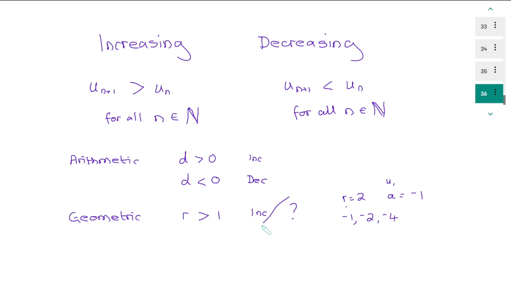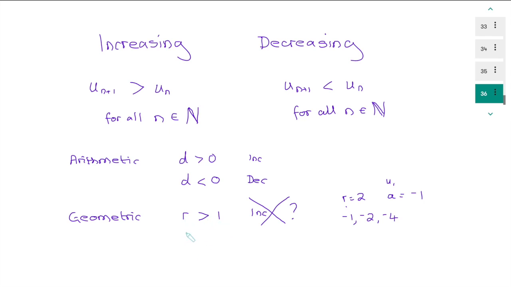No, we don't. So actually, for geometric sequences, we could write down some rules, because we could say, well, if r is greater than 1 and a is positive, we're going to have an increasing sequence. If r is greater than 1 and a is negative, we'll have a decreasing sequence. And then we'd have to think about r being less than 1.